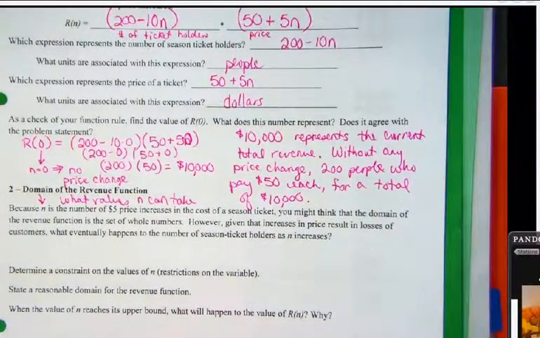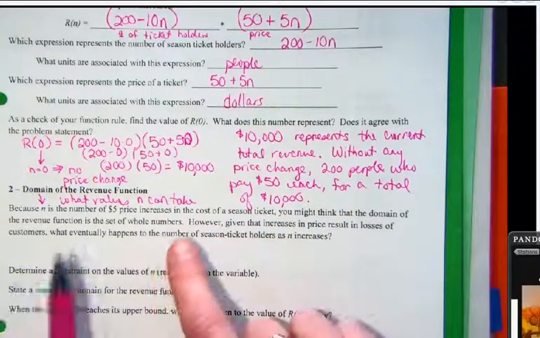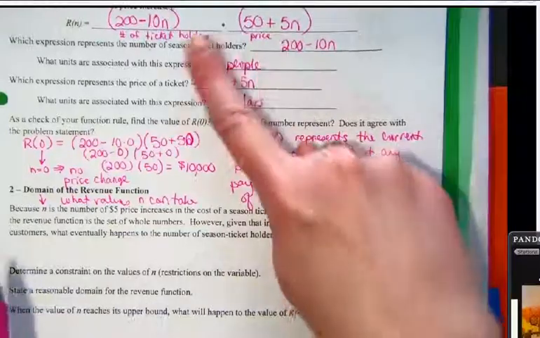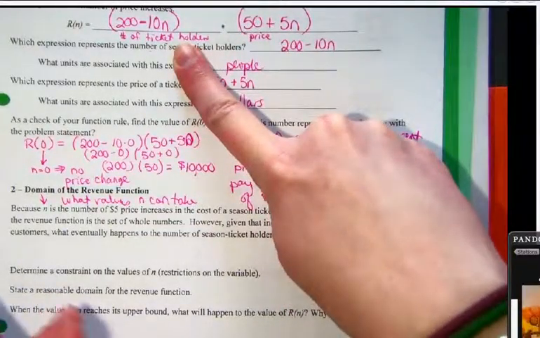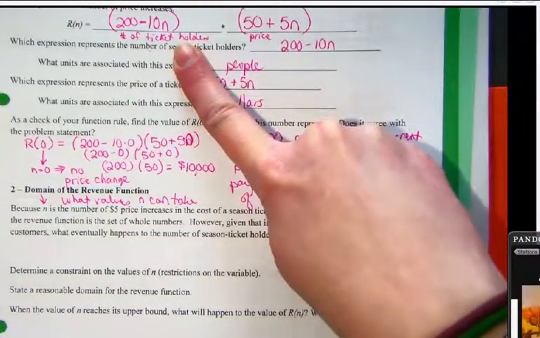We can keep on raising prices an infinite number of times. Well, it's $1 million for a season ticket. It's $1,005,000 for a season ticket. We can keep on going as high up for price as we want to. But something's going to happen on this other side when we think about season ticket holders.